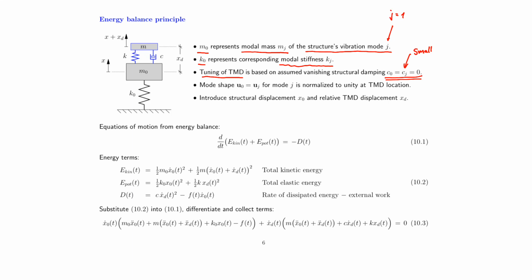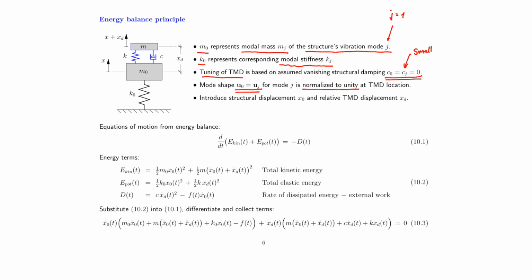So remember that the modal mass is obtained for a vibration shape that is normalized to unit modal mass. That means that Uj, just a little bit ahead of myself here, Uj is equal to 1.